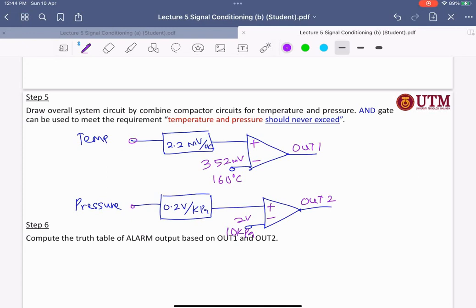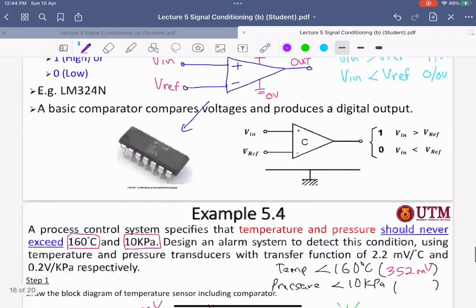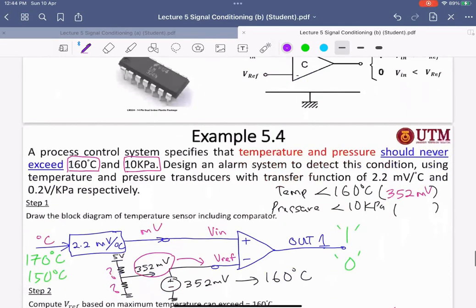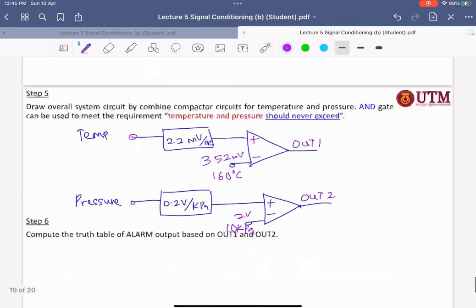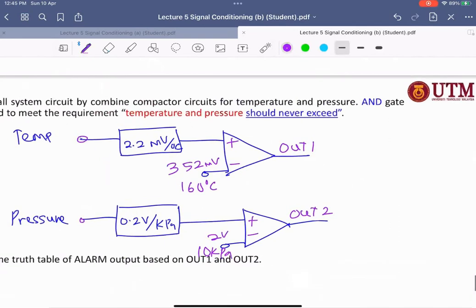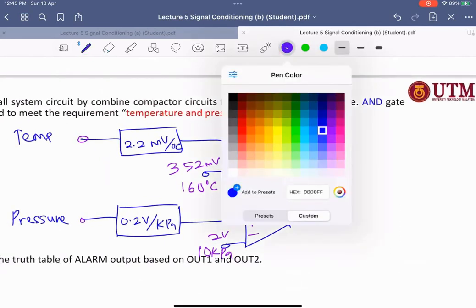But we are not finished yet. The question said that temperature and pressure should never, that means both, right? Both cannot exceed 160 degree and 10 kPa. So what you need to add after this is a gate.